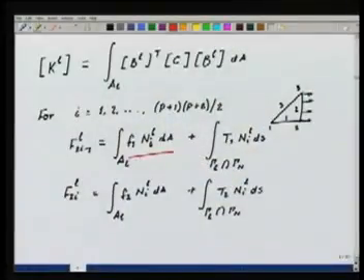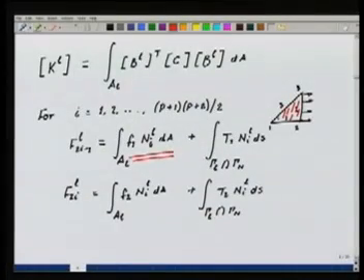Note something very carefully, that this is an integral over the area. This f1 NiL dA is an integral over the area of the element. Area of the element is this. So for that we'll have to use the integration points defined over the area of the element.